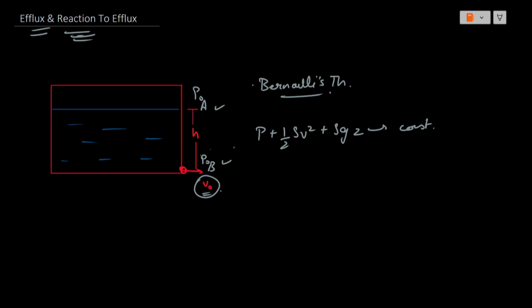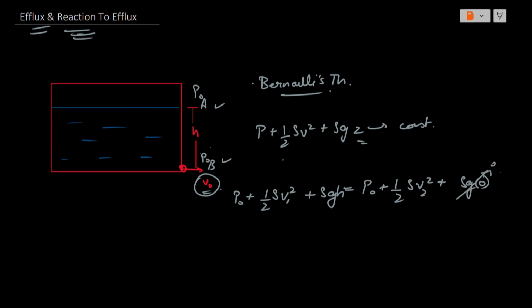Now for the pressure, we have P0 plus half rho, let us call the velocity at A V1, plus rho g Z1, where Z is just the height, right? That has to be equal to P0 plus half rho V2 squared plus rho g times 0.